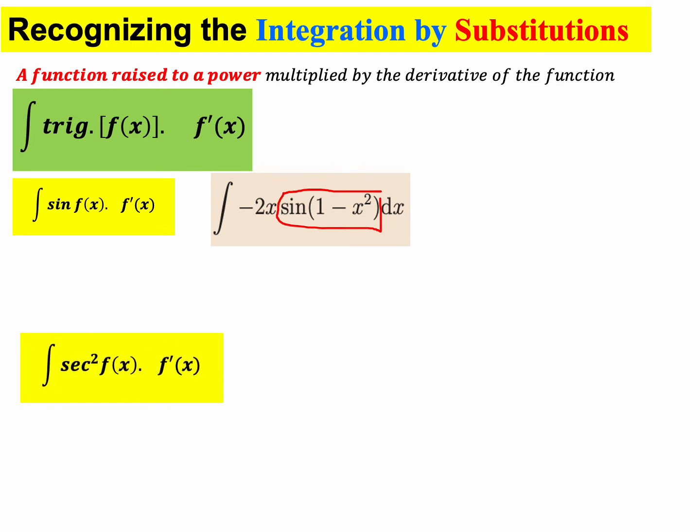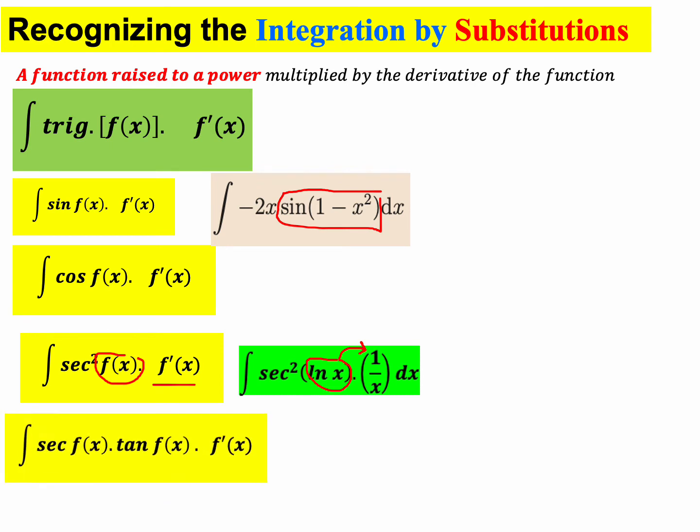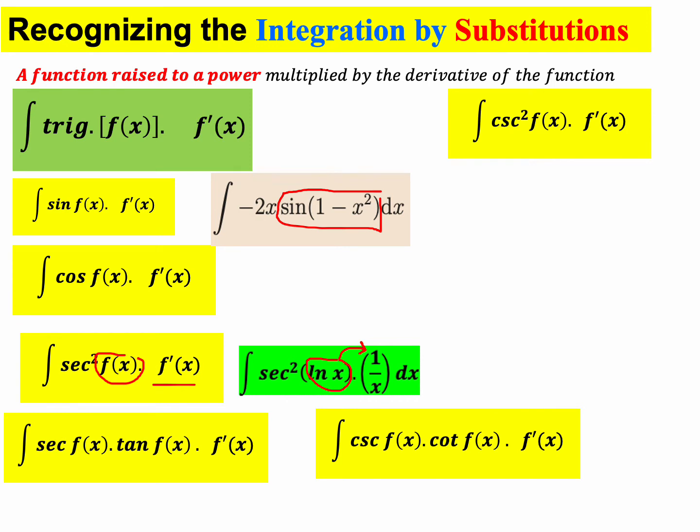When we have, for example, secant squared, we know the integral of secant squared is tan, but instead of f of x, here we should have the derivative of f of x. For example, when I have secant squared of ln of x, we need to make sure, is the derivative of ln given to us? Yes. So this is integration by substitution. Cosine, the same idea, and secant tan is the same idea. And cosecant cotan, the same idea. We need to make sure that the derivative is given to us.